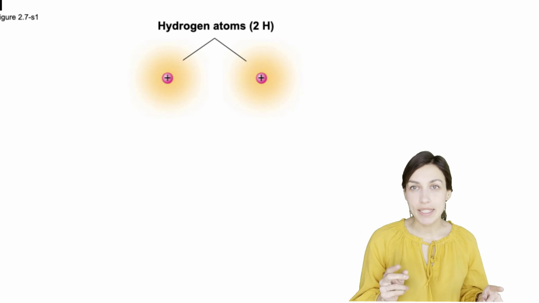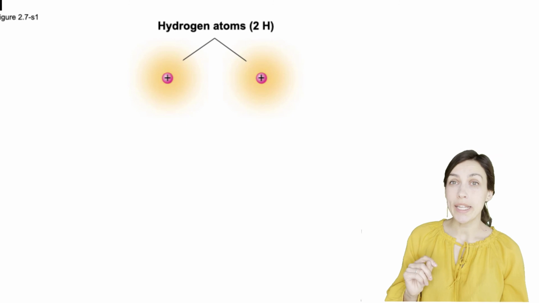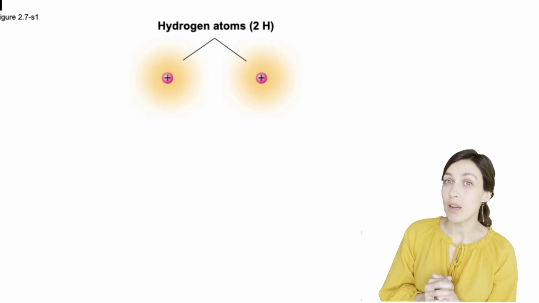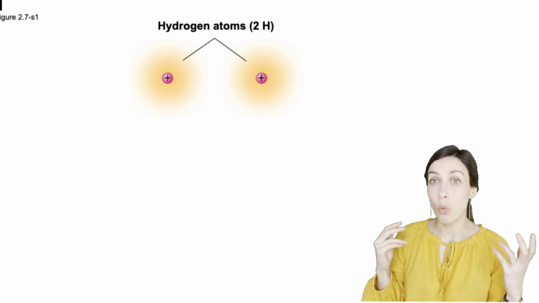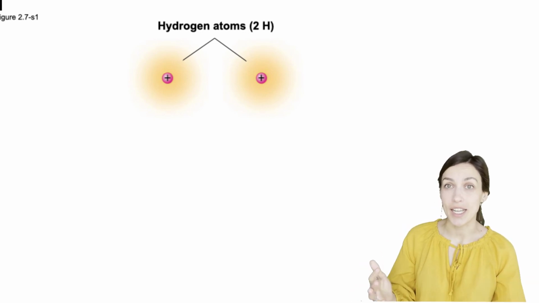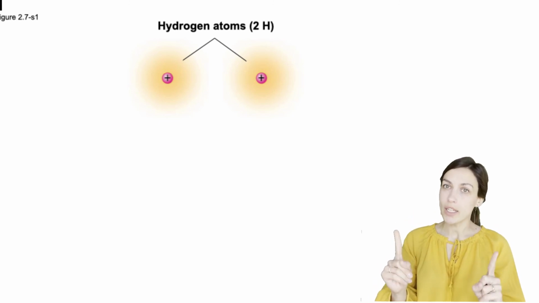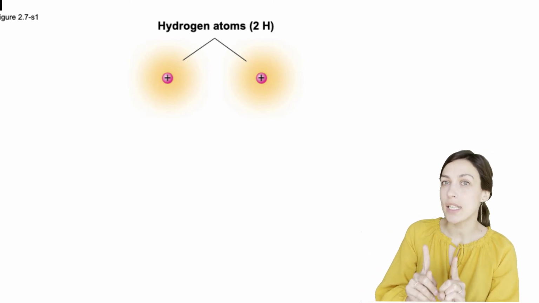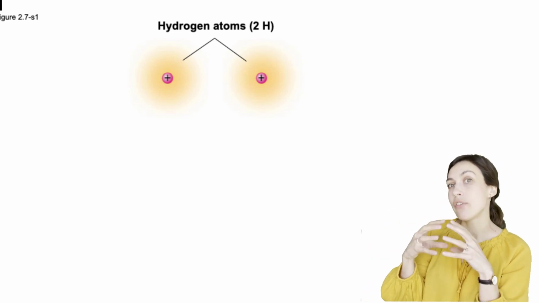Let's look at the simplest example, the hydrogen atom. Hydrogen only has 1 electron in its valence shell, and in order to be stable, it really would like 2 electrons. When there's 1 hydrogen atom, there's usually another hydrogen atom in the vicinity. And since they both need 1 more electron, it works for them to share the single valence electron that they have in order to have 2.